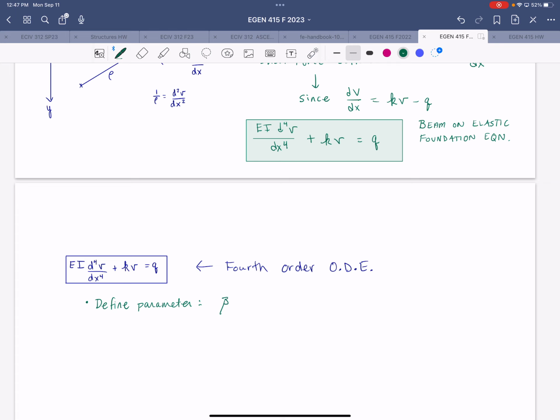We're going to call this parameter beta to the fourth power, equals k divided by 4EI, where beta represents the relationship between the foundation stiffness and the beam stiffness.